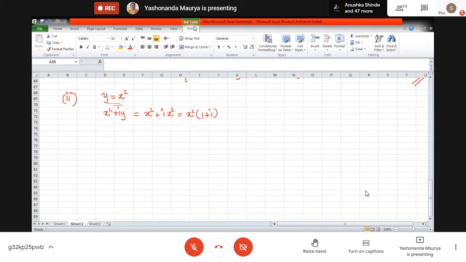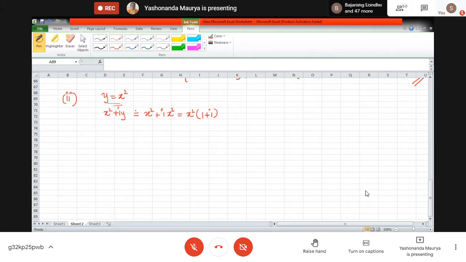Now after this, we'll simplify the expression dz. How do we simplify this? dz is dx plus i dy. Again, over here we want to simplify this dy term. Check out, we are working along the curve y is equal to x square. Therefore, what will be dy?